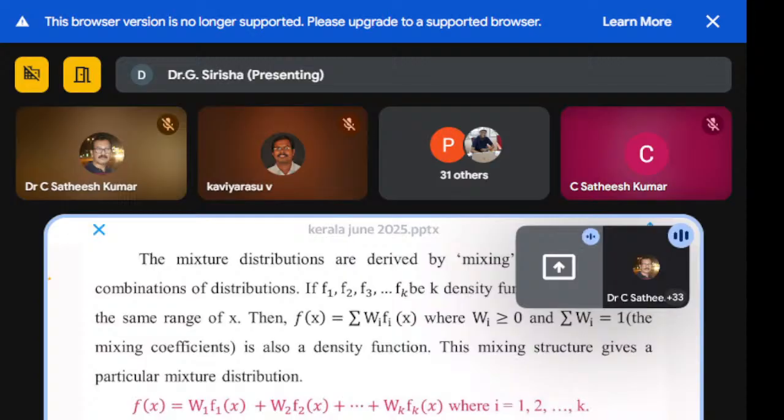Whenever the number of mixing components is finite, we obtain a finite mixture distribution.